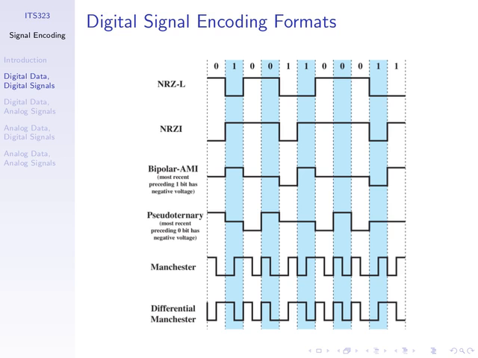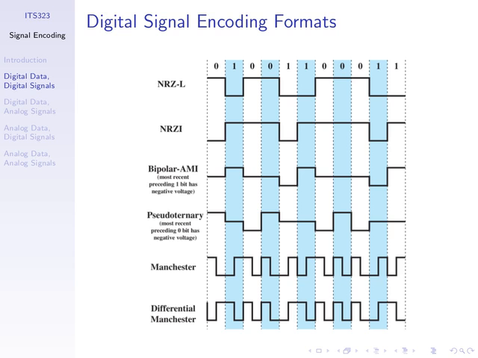Bit 1, low signal, a negative voltage. So that's all this one is. It's called non-return to zero level. The voltage does not return to zero. It's always at either positive or negative. So that's all that first scheme is, the very basic one that we've used in examples before.